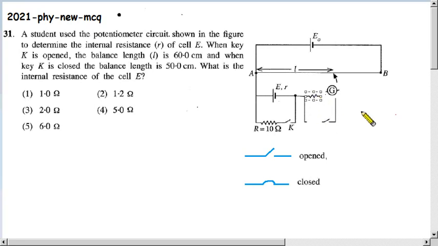The original paper might have the correct form. So it should be like this. So first of all, change your diagram. If you make a note like this, it should be like this.